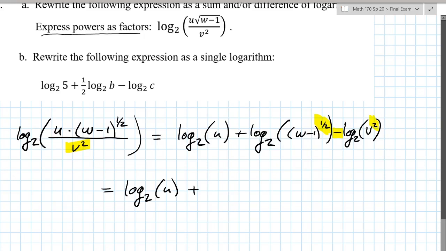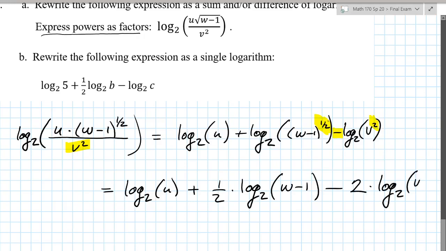That is, we're allowed to bring this 1/2 and do multiplication like so, and we are allowed to bring the 2 of the exponent to become a factor.